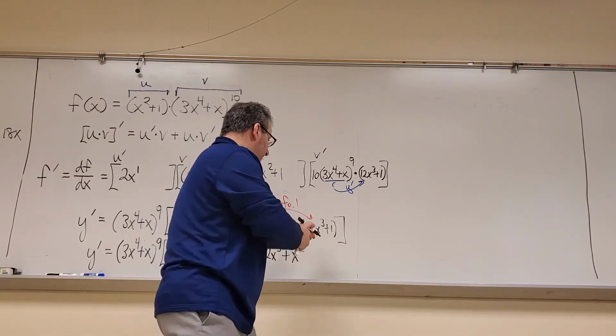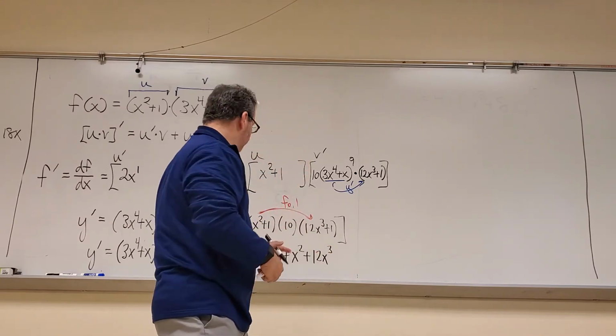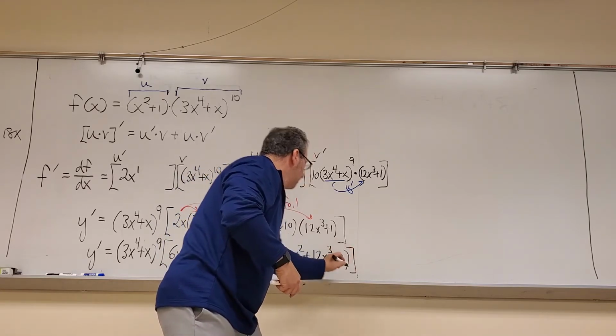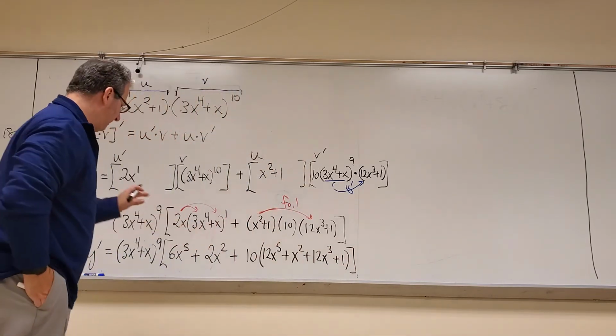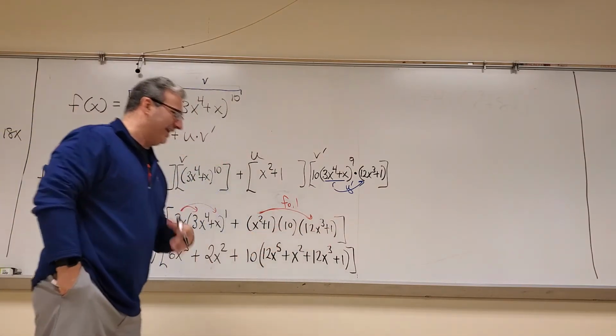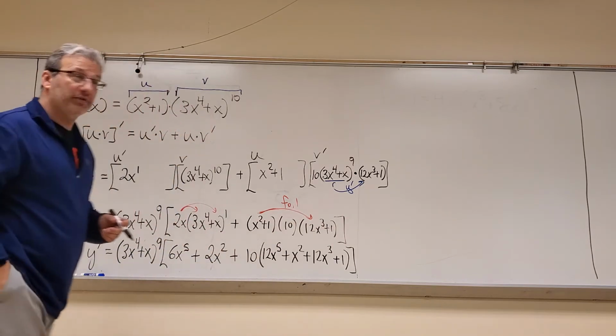Inner terms, 1 times 12x cubed is 12x cubed. And last terms, 1 times 1 is 1. What's going to be really critical here is getting your parentheses right, because that 10 will get distributed to everything in the end. So you got to be careful. That's why I put that extra parentheses in there. All right, we're almost there.